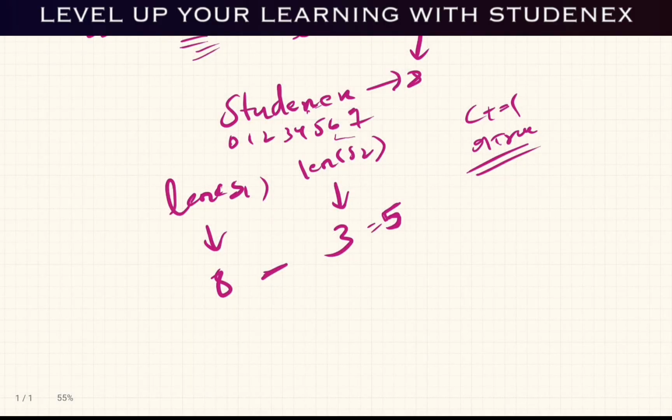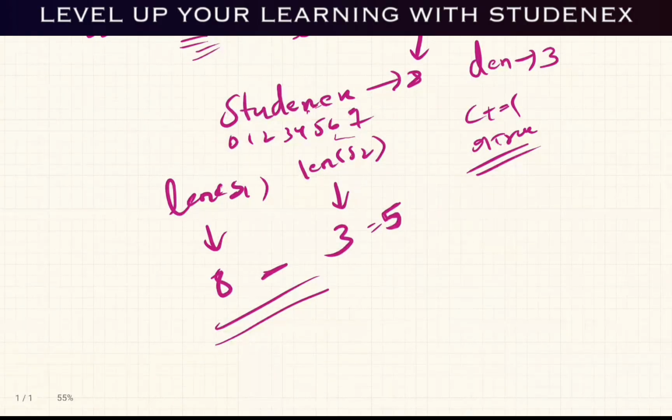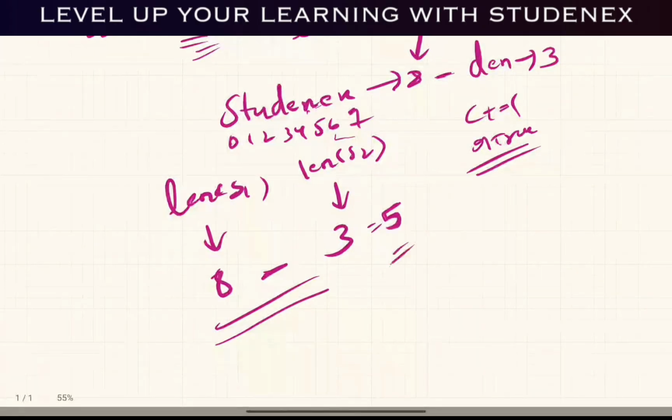So we subtract the substring length from the main string length. The main string length is 8 and the substring length is 3. Subtracting, we get 5.